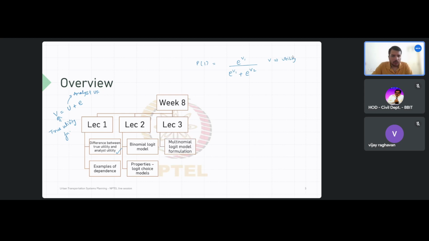Lecture 3 was about the formulation of the multinomial logit model. When we are faced with more than two choices, we can say the binomial logit model is a special case of the multinomial logit model. Then the independence of irrelevant alternatives property, IIA, was discussed. Lecture 4 was about examples and the effect of this property and how we can reduce the consequences.